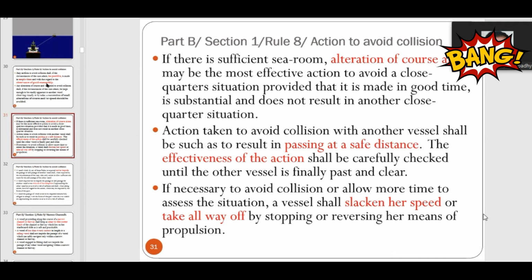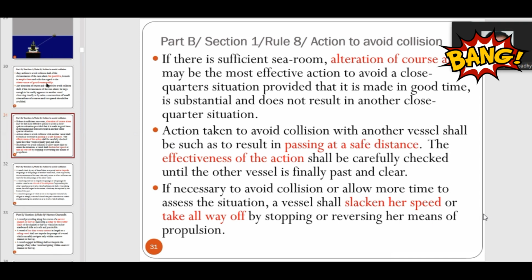When you take an action to avoid collision, you are already at a safe speed, but your speed should be such that the action you take ensures that the vessel will finally pass and clear at a safe distance.